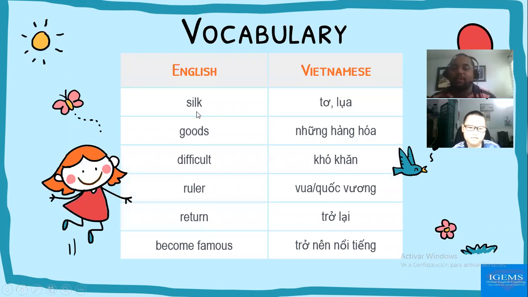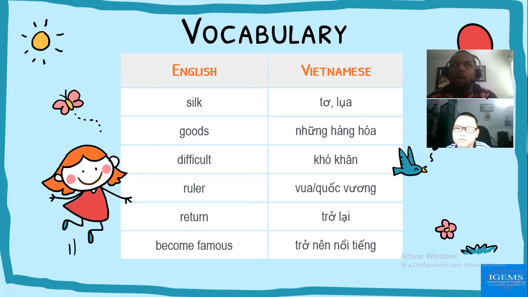The first one is silk. What is the next one? Goods.